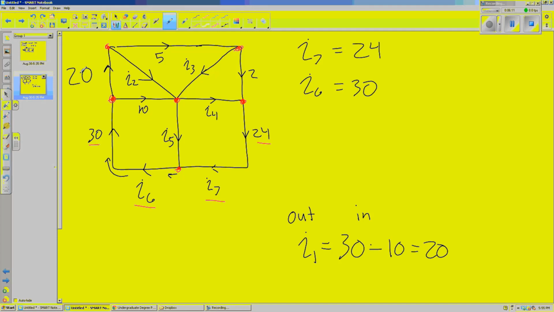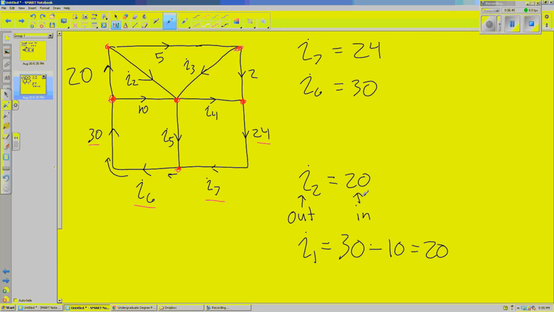Alright, where else do we know? How about I2? So I2, we have flowing out, so this will be my outside again. And we have 20 flowing in, so I'll put that on my inside. Since I want to solve this quickly without a whole lot of writing, I'm going to say it's going to be negative 5 again.